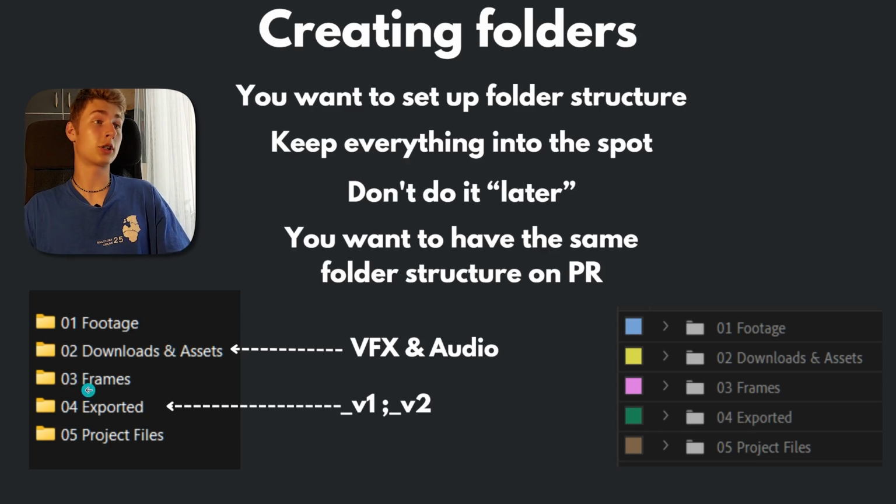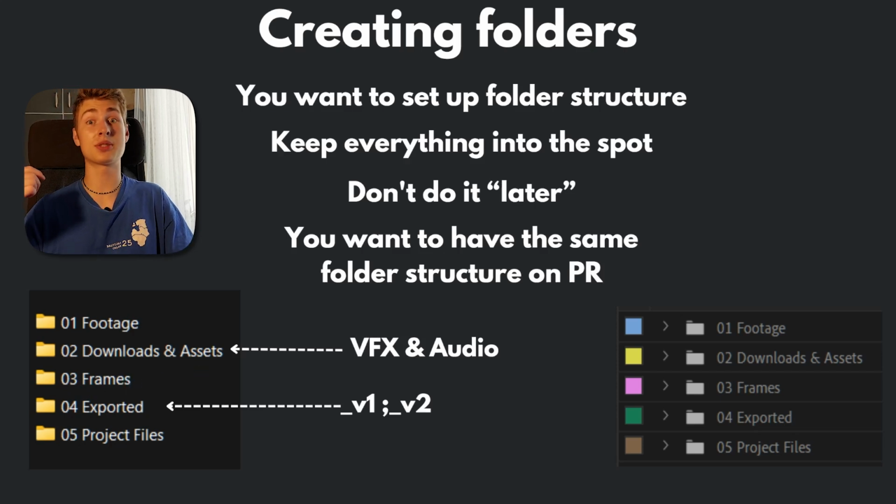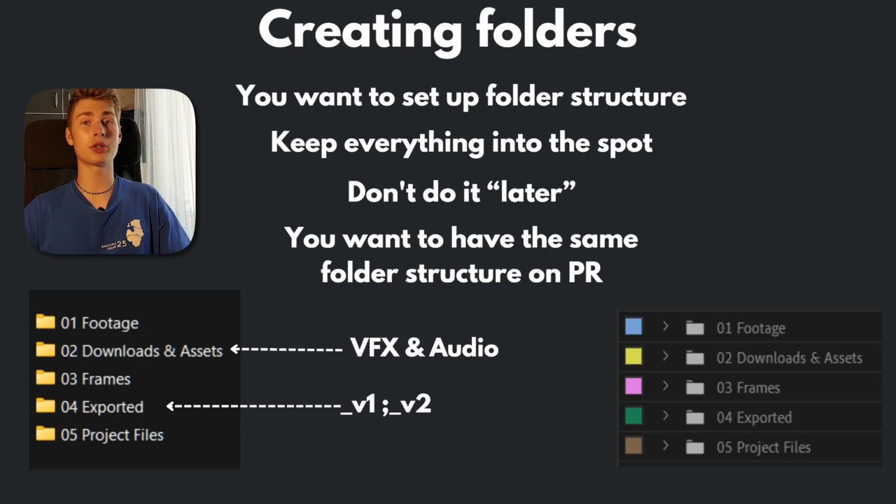In the third folder, the frames folder, what I mean by frames is you're going to create frames in Photoshop. It's more advanced stuff, but to make a really high quality video, you need to make frames and storyboarding to then animate it in, for example, After Effects or Premiere Pro. I learned this a few days ago, and it's really useful.